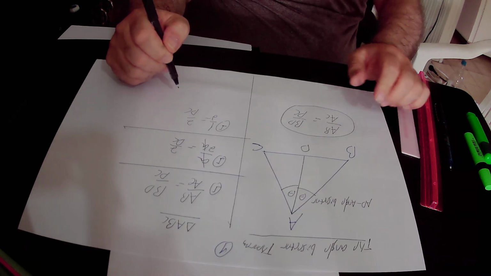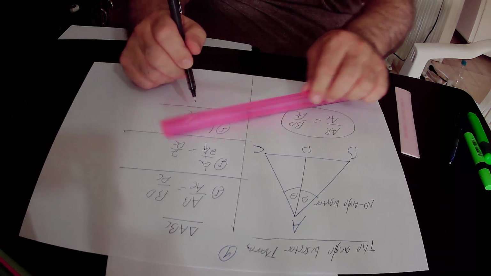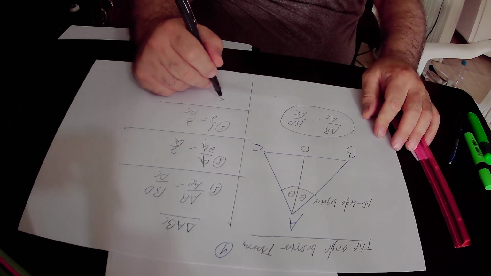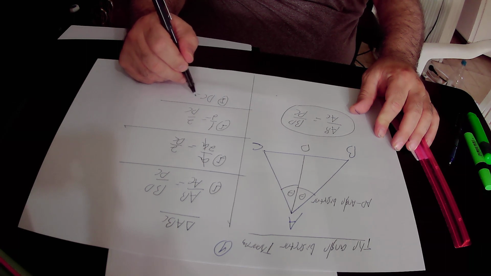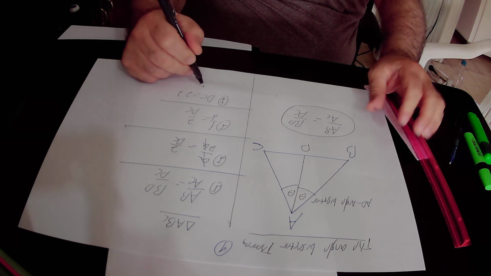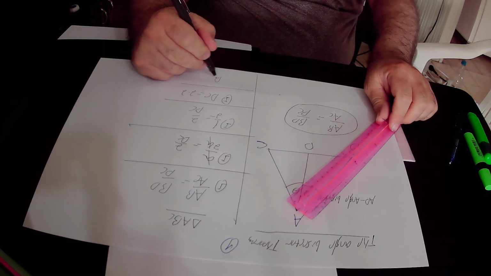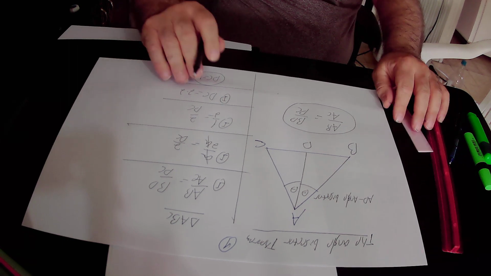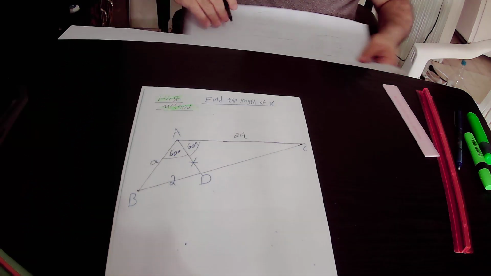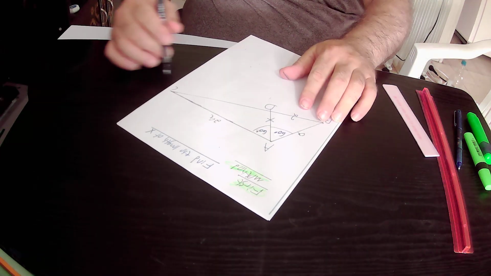Here we cross multiply this equation number 1, and we get that DC equals 2 times 2, that is to say, DC equals 4 units. So you can write here that DC equals 4 units.